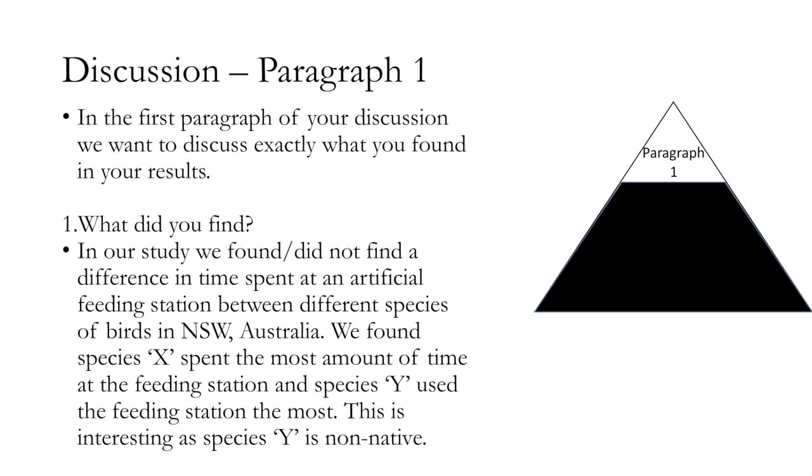And you may find that one of the species that used the feeding station the most is non-native and not a native species. And that's really, really interesting, because that could lead you on into paragraph 2. Well, is the feeding station good or bad for birds in Australia based on the data you collected, the data that you analysed?